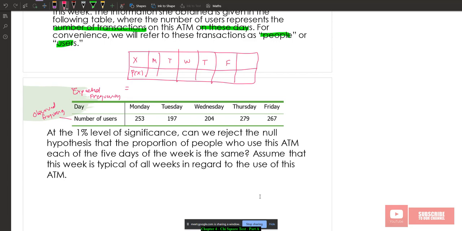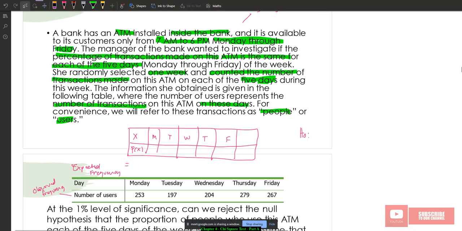So we want to know whether the hypothesis here is, what is our hypothesis? Based on the manager's investigation objective, she wants to investigate if the percentage of transactions made from the ATM is the same for each of the 5 days. So the null hypothesis, P1 is equal to P2, P3, P4 equal to P5.